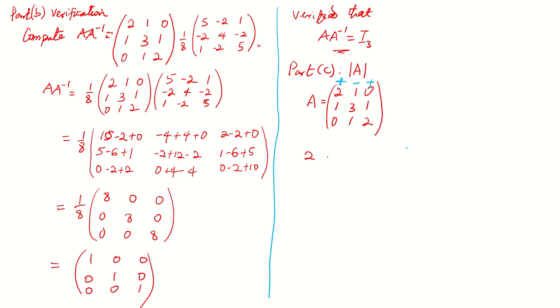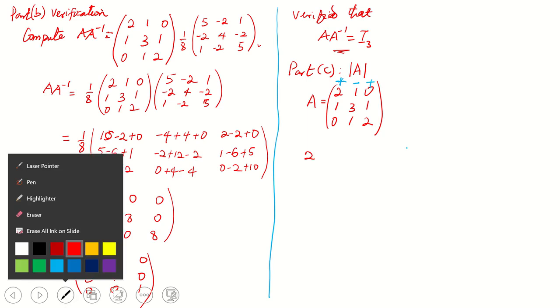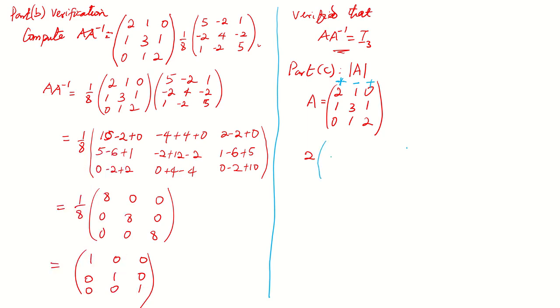So I pick plus 2, then I'll obtain the minor. The minor will be all the elements not in its row or column: 3 1, 1 2. Then I'll pick the element minus 1, and when you cancel the elements, we have 1, 1, 0, 2. Those are the minor of minus 1.